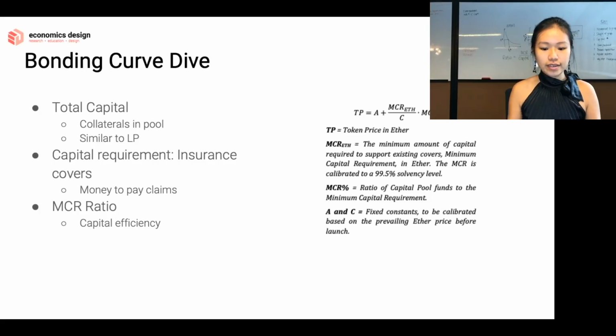Of course, we're looking at the minimum capital requirement. You could use 100% of the capital that is added into the system as the minimum capital requirement so that people are always covered, right? You're always assured. But at the same time, that's quite an inefficient use of capital.